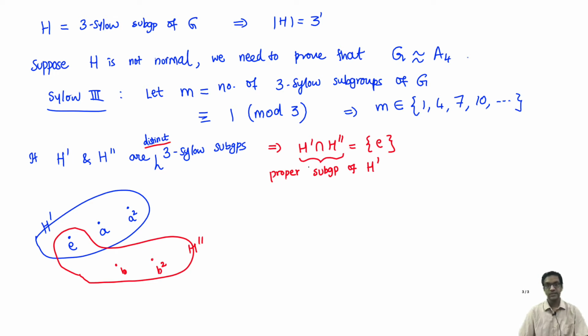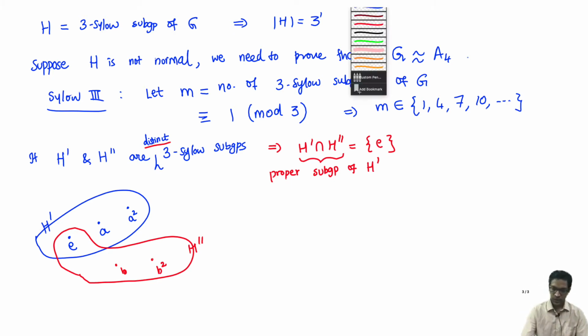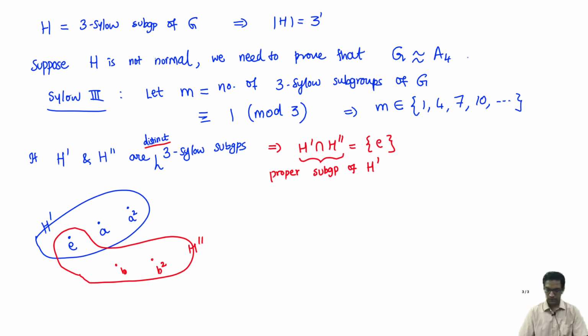But H prime has cardinality 3, and so a proper subgroup has to be of cardinality 1. So this tells us that any two of these 3 Sylow subgroups must intersect in this manner. They have the identity in common, but the other two elements are separate, meaning they have no intersections.